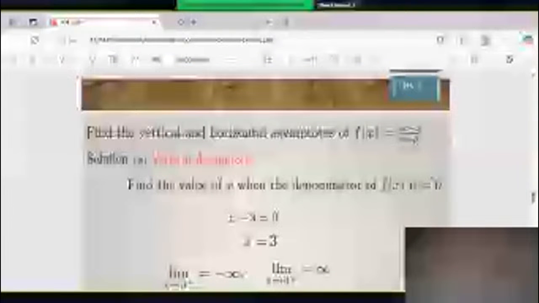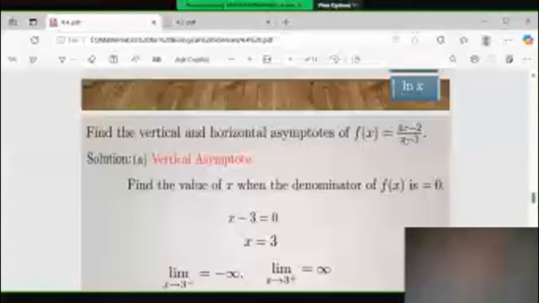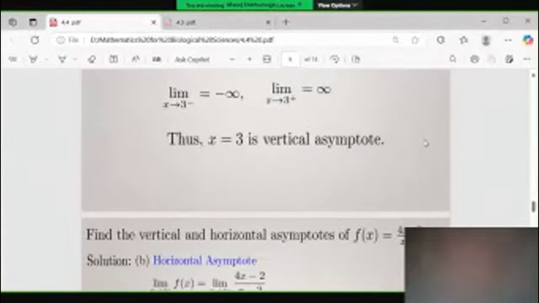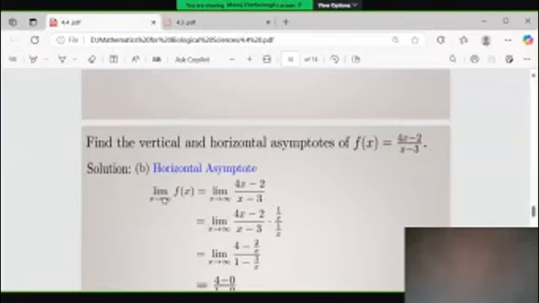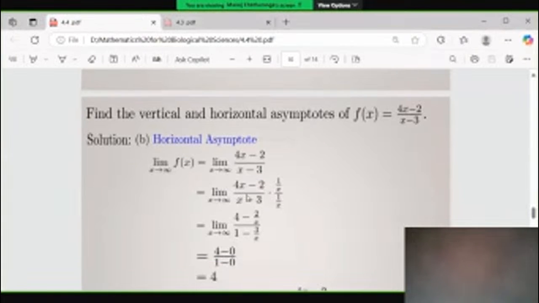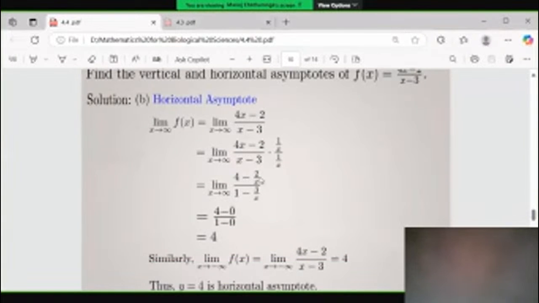For the horizontal asymptote, we know there must be one because these functions are from the same level of tower of powers. We compute the limit as x goes to infinity. Usually we call it the limit at infinity. What happens when x goes to infinity? For that, you divide both numerator and denominator by the highest power of x and set all these reciprocals of powers of x to 0.